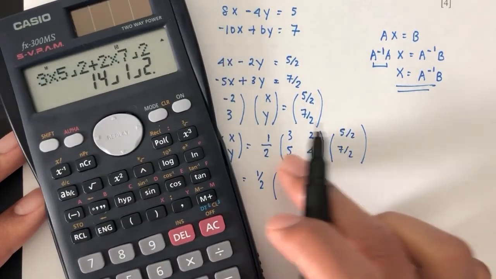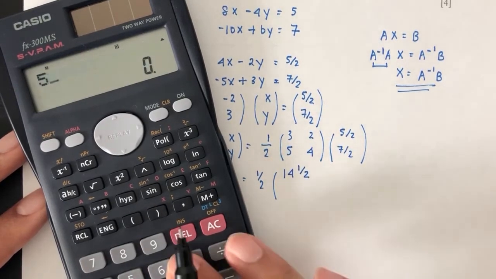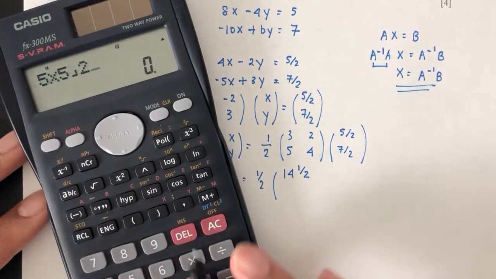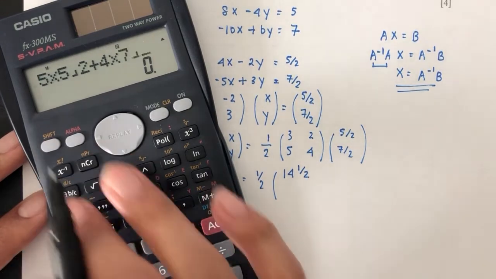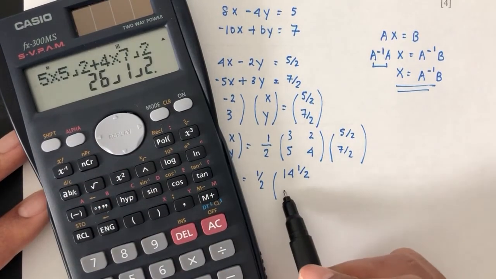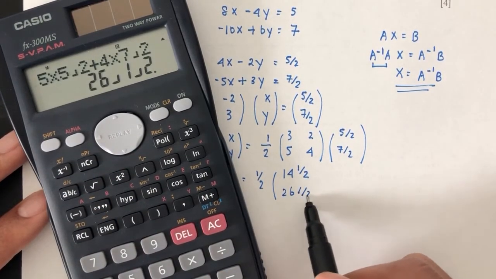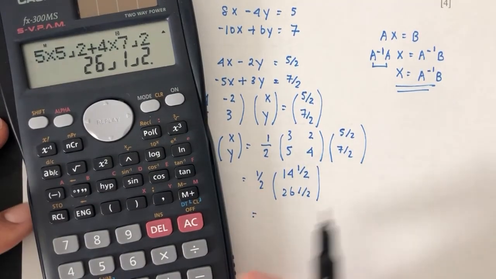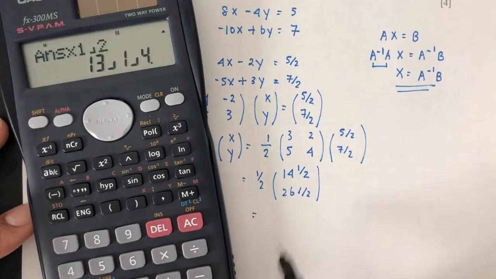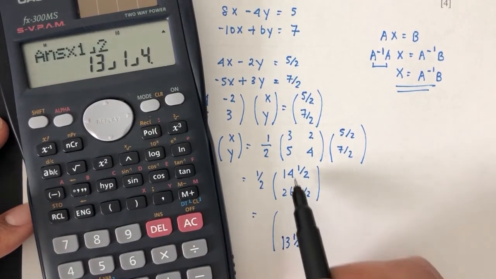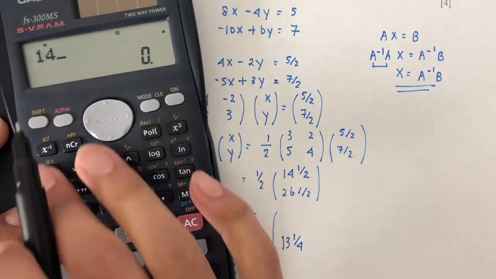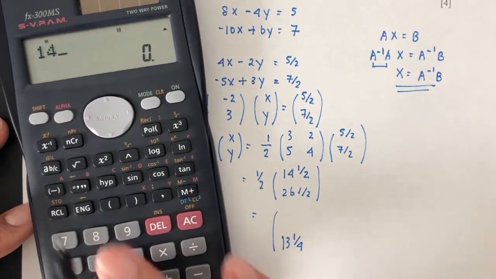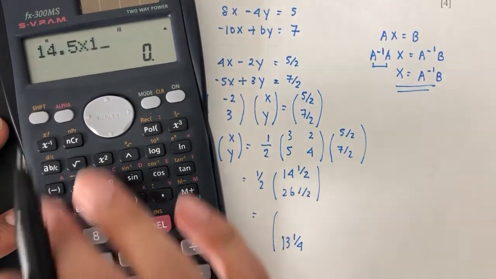And for this one, rows by column. So 5 times 5 over 2 plus 4 times 7 over 2. That will be 26 and 1 over 2. So simplify, times half, that will be 13, this, and this one will be 14, so 14.5 times half.